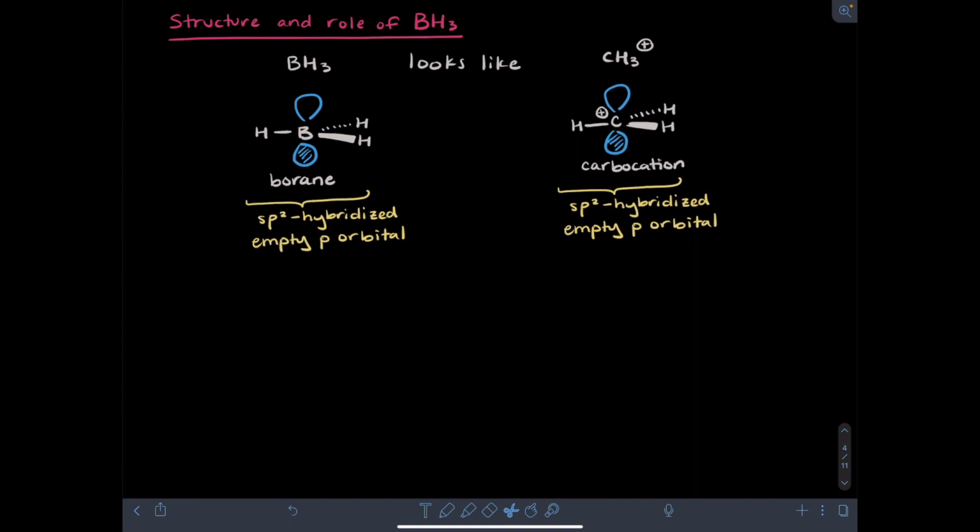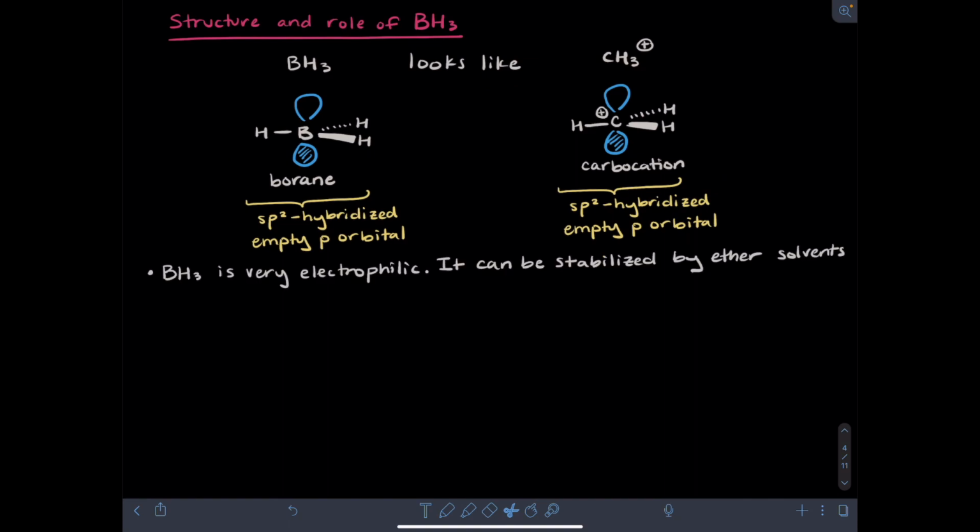The boron and the carbon are both trigonal planar due to their sp2 hybridization, and the p orbital has lobes above and below the plane of these molecules. Because of its empty p orbital, boron has an incomplete octet, and it is very electrophilic. It can react with nucleophilic solvents to form more stable compounds.